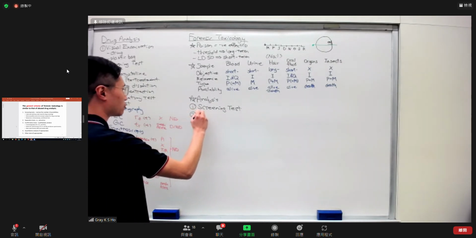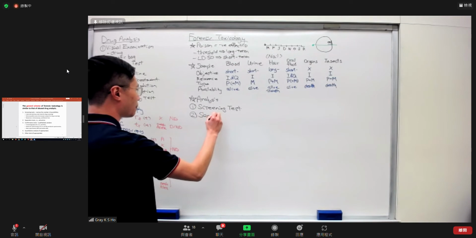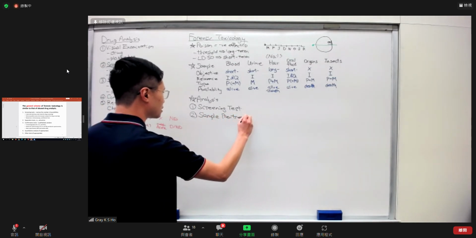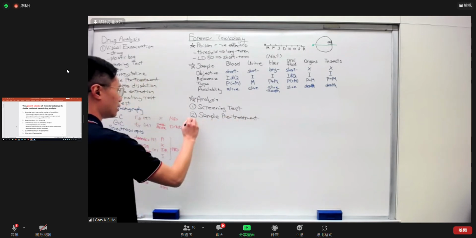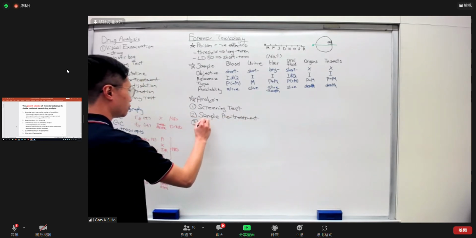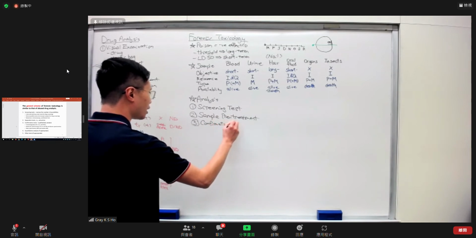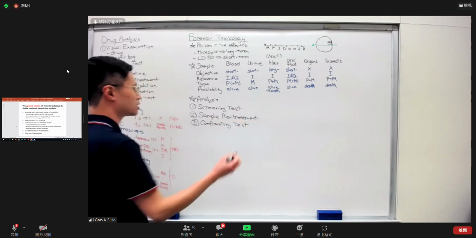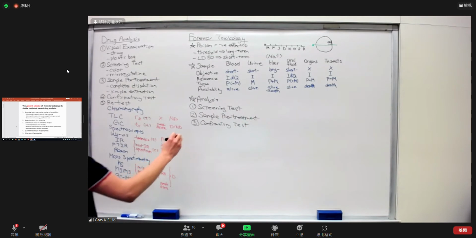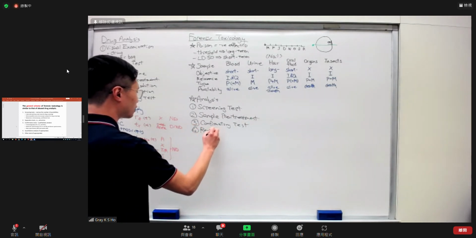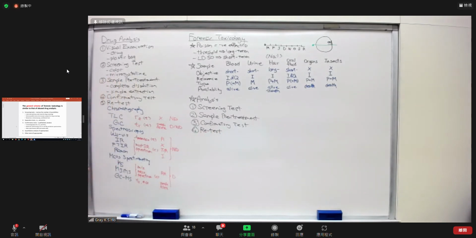Secondly, we have to go through the sample pre-treatment in order to obtain the sample solution. And then we have to go through the confirmatory test in order to identify what it is, and at the same time quantify how much is there. At last, we have to run through the retest in order to achieve double confirmation.